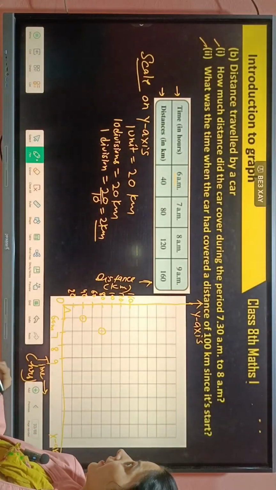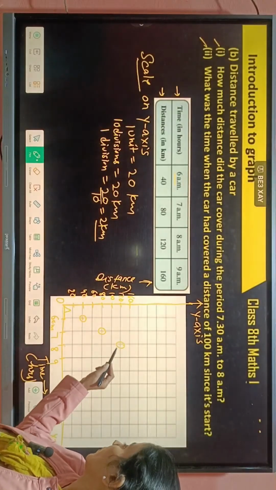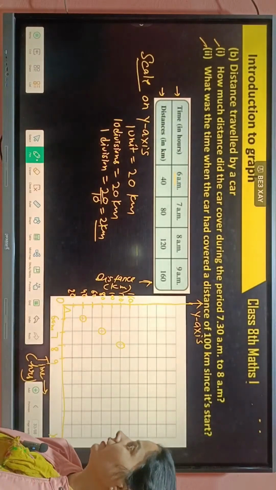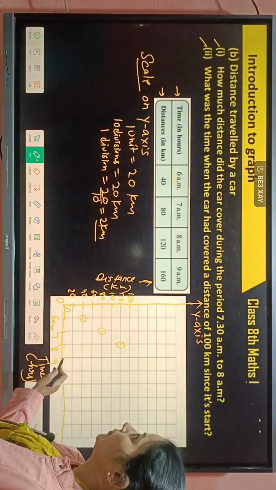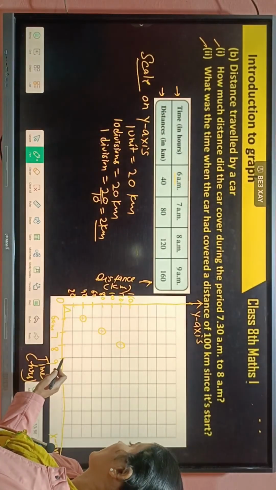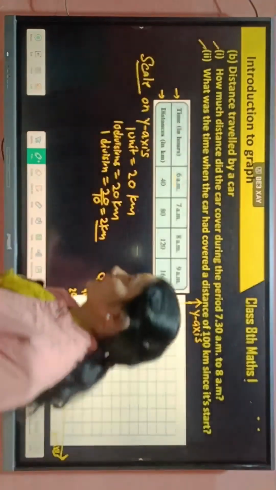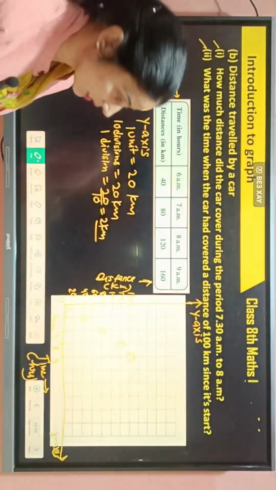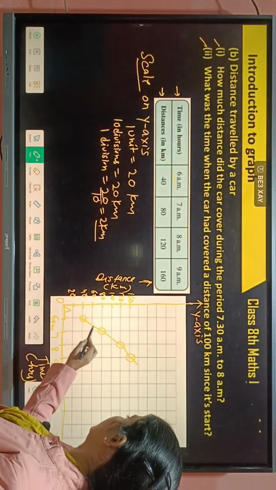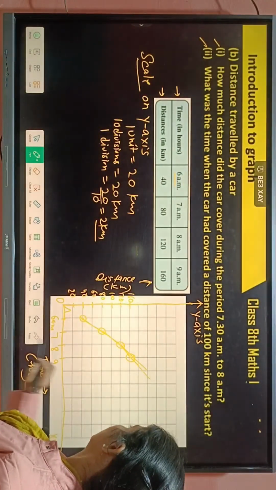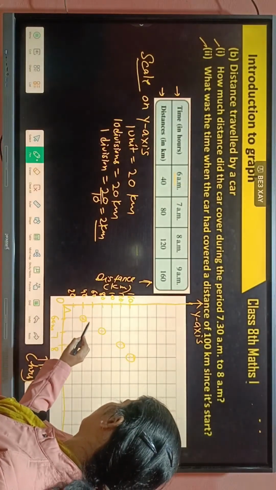At 8 a.m. distance traveled is 120 kilometer. And at 9 a.m. distance traveled is 160 kilometer. Let us join these points with the line.